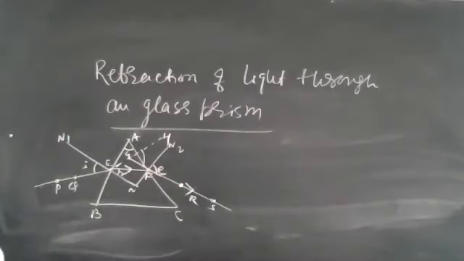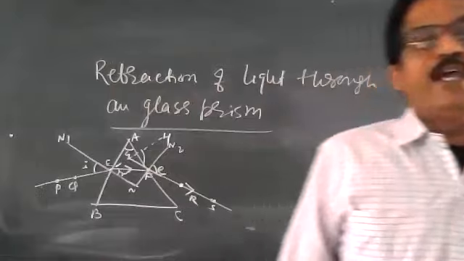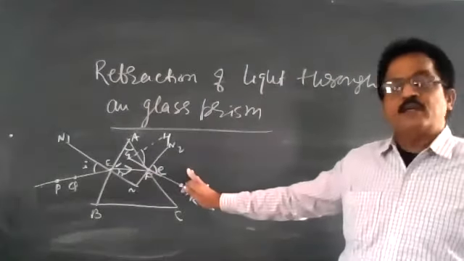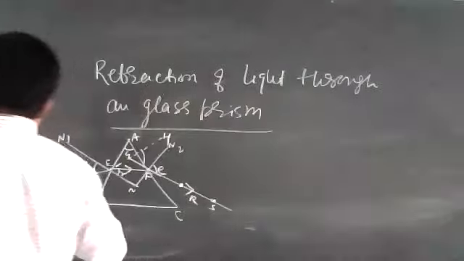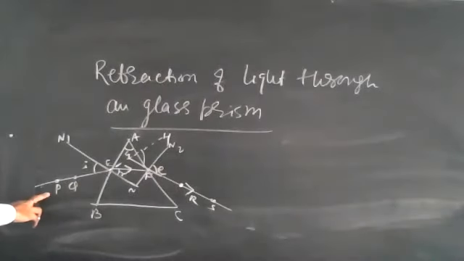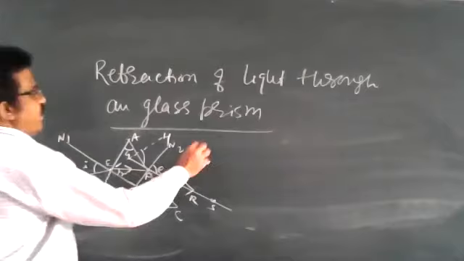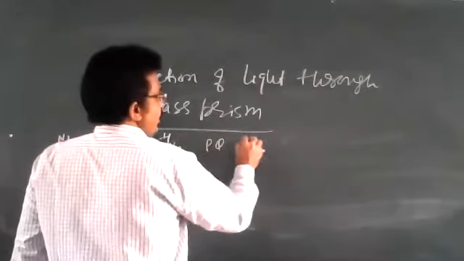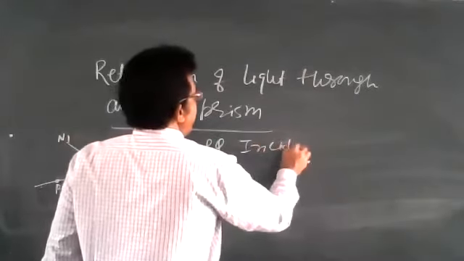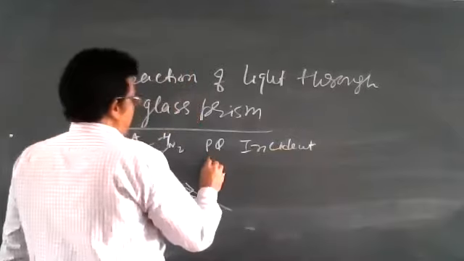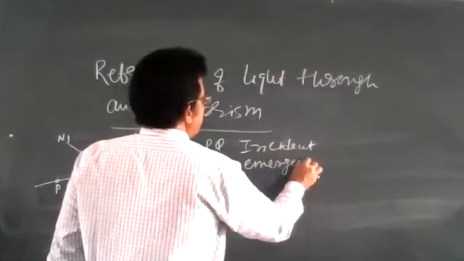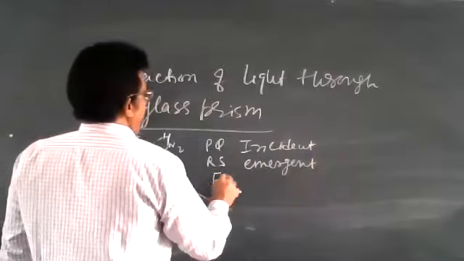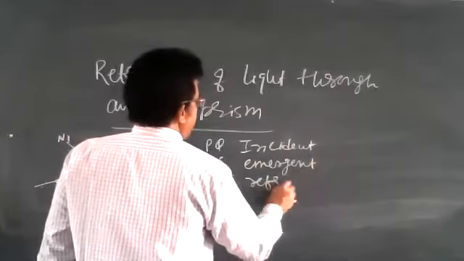Now draw this figure, children. Again I am repeating, PQ is our incident ray, RS is our emergent ray, EF is our refracted ray.